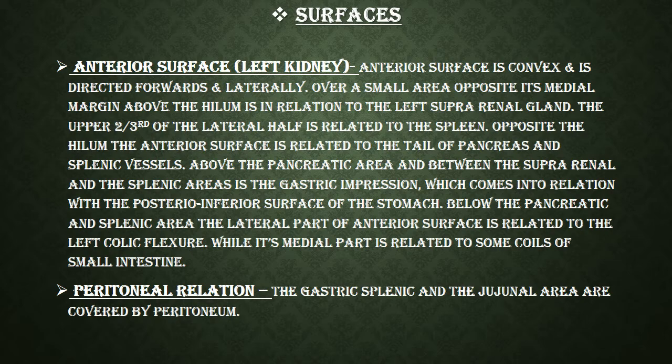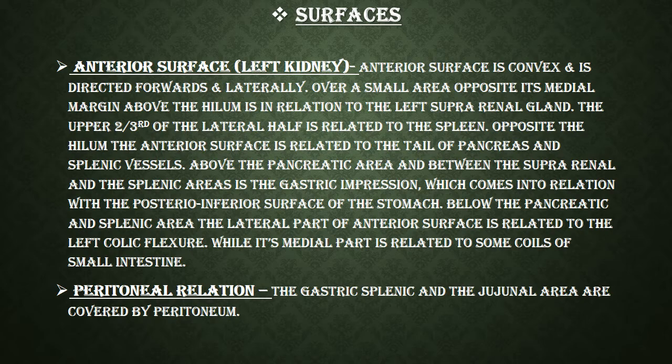The upper two-thirds of the lateral half is related to the spleen. Opposite the hilum, the anterior surface is related to the tail of the pancreas and the splenic vessels.